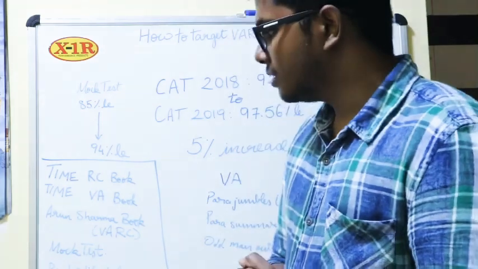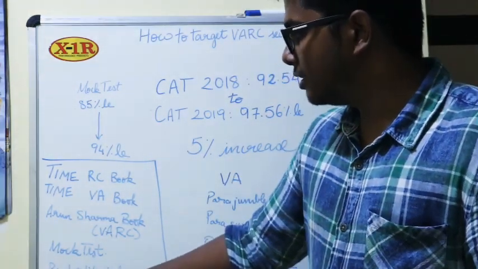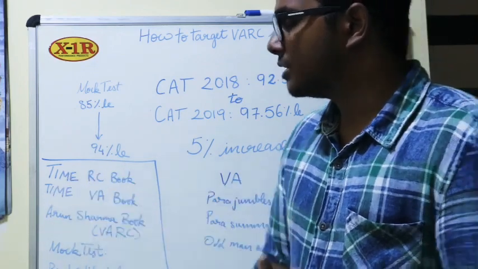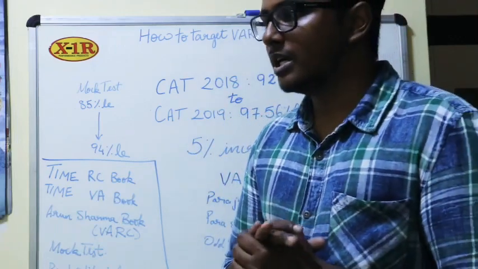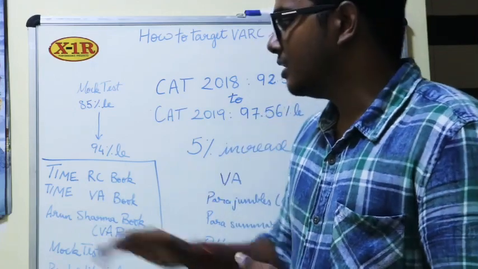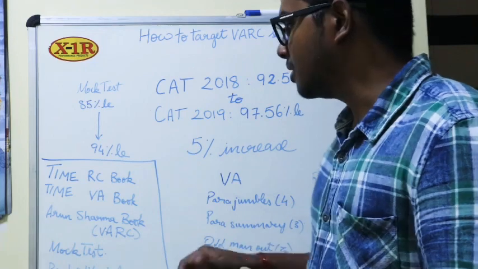Okay, so again, besides reading editorials, the Time VA book and Time RC books are something that you should solve regularly, every day. Say every day you should solve 2 or 3 RCs, and do 10 questions from para jumbles, para summary, odd man out, right?